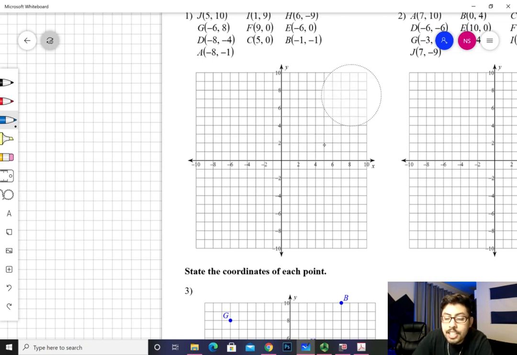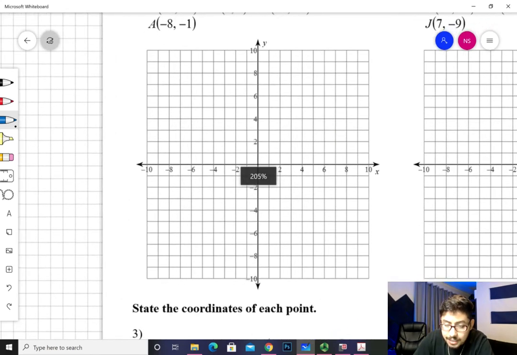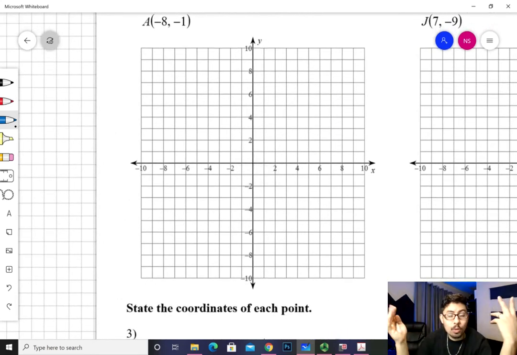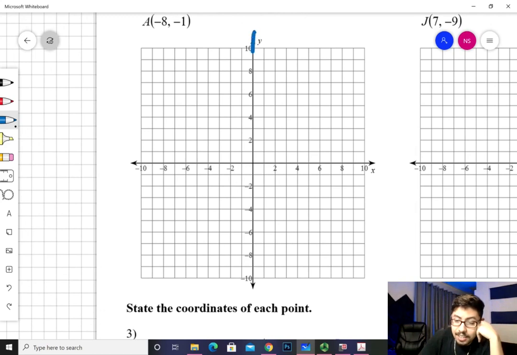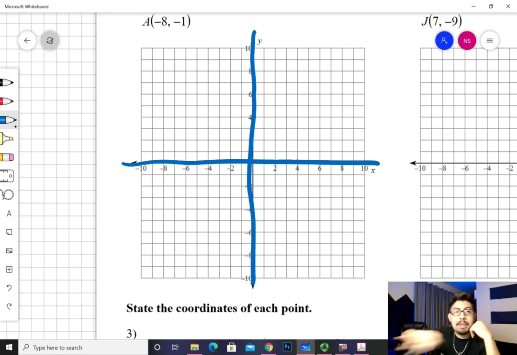So there's that. The other thing you need to know about the coordinate plane, aka the graph, is your axes. This is kind of important. It's what separates your quadrants. It is the thing there and the thing there, obviously what makes the cross.